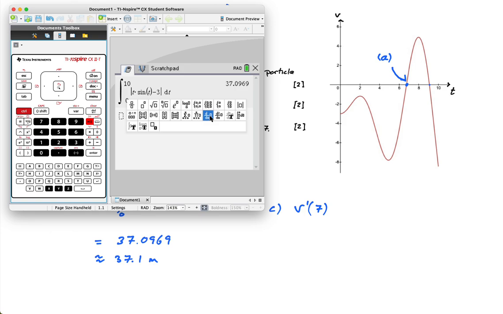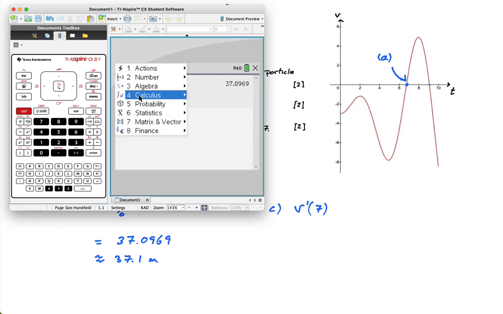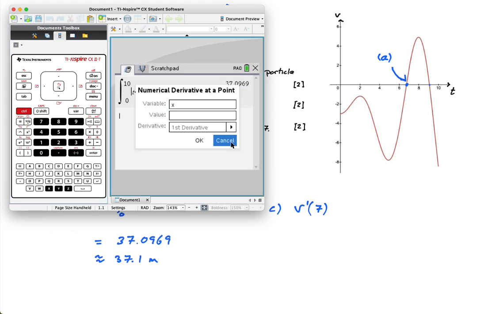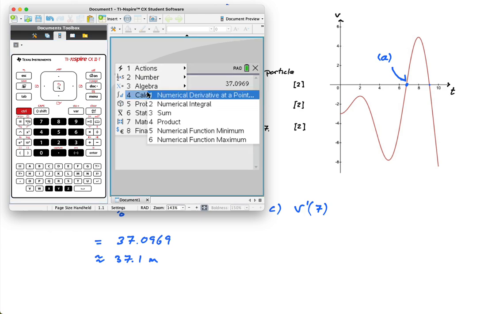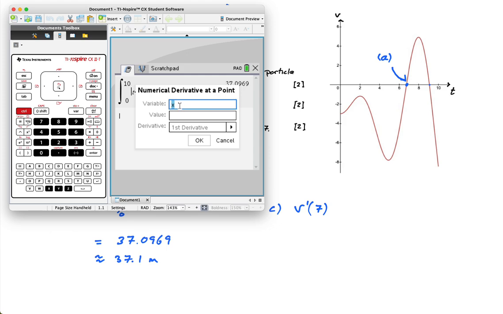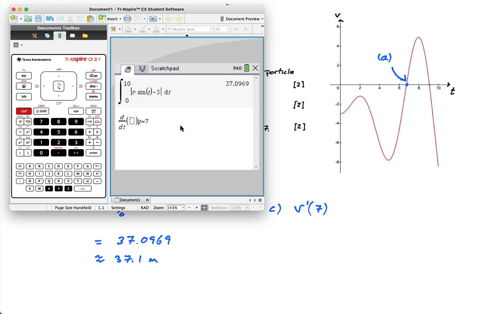I thought it was there. Anyway, it's not there. I can just find it here. Menu, calculus, numerical derivative at a point here. The variable is x. I can call it t if I want. The value is 7. It's at 7. And the first derivative, by the way, guys, you can get the second derivative, but I just want the first derivative. So it's d/dt of t times sine t minus 3 when t equals 7. Fine. Press enter.